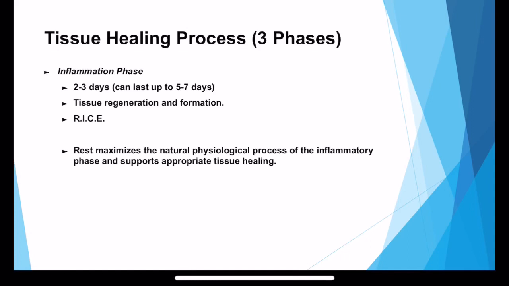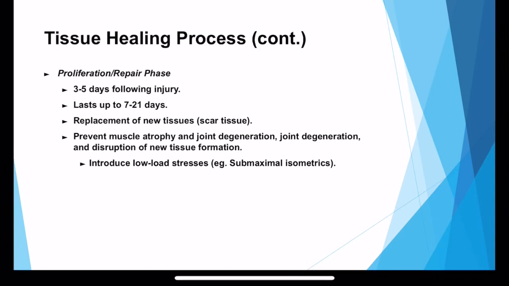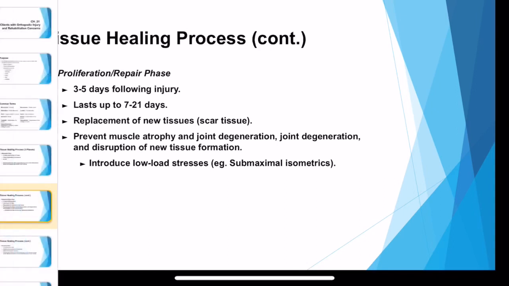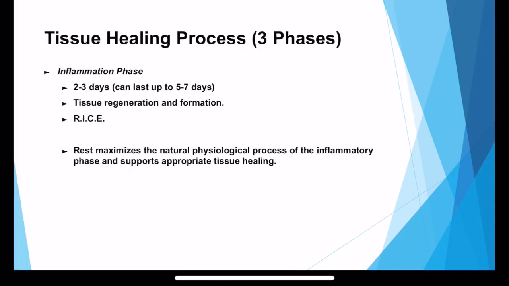Let's go ahead and talk about the tissue healing process. And at the very end, there's a nice little graph or picture that kind of ties it in together. So let's just talk about the first phase, and that's going to be the inflammation phase. That's the shortest phase, a couple days, and tissue is regenerating and forming during this phase.